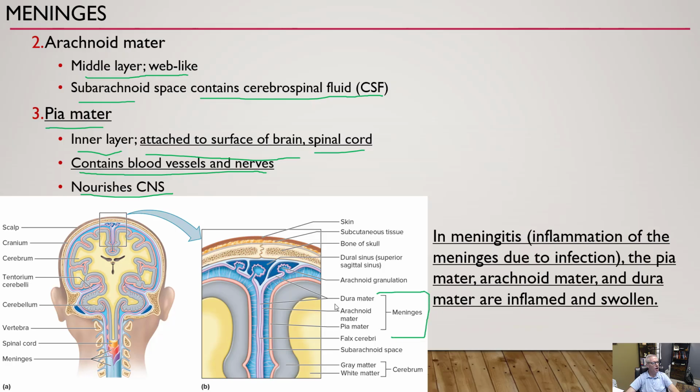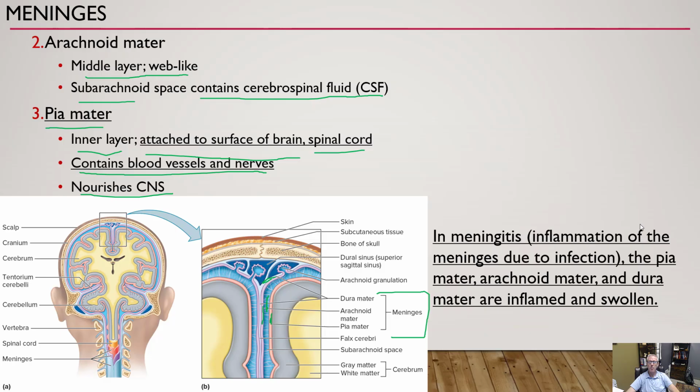Your dura mater is that outermost layer, and then the arachnoid mater is here, kind of in pink, and then we have our cerebrospinal fluid, and the pia mater is that orangish, pinkish, or peach-looking color.